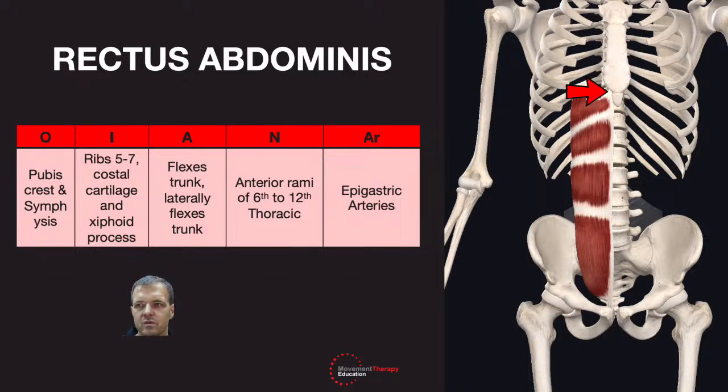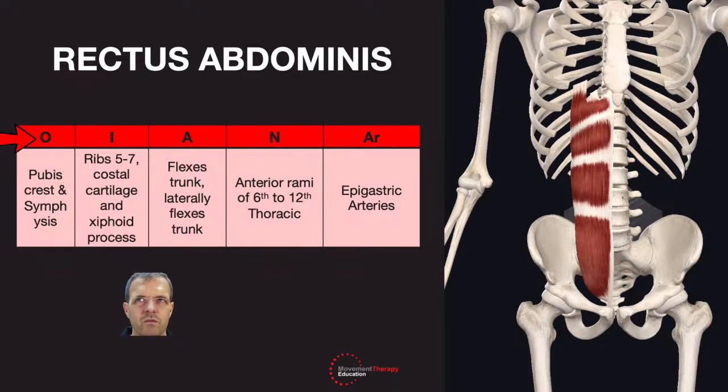If you flex your trunk from the top, then this is the bit that moves, and that's the bit that stays still. If you flex it from the bottom, so you roll your pelvis backwards, then this is the bit that moves, and that's the bit that stays still. So which bit is the origin and which is the insertion changes, depending on what kind of movement you're doing.